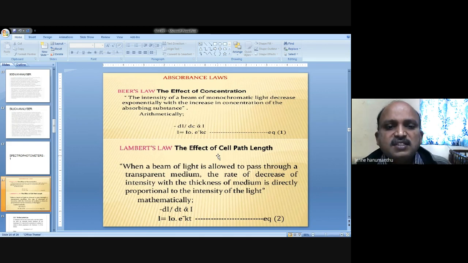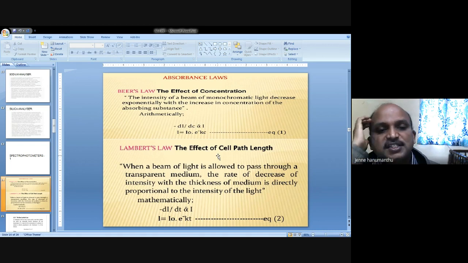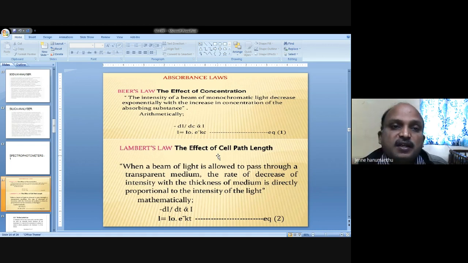Okay. Next, what is Lambert's law? Lambert's law says the effect of cell path length. Cell path length depends upon the geometry of the container, that is, the size of the container and how much sample we are going to take into it.